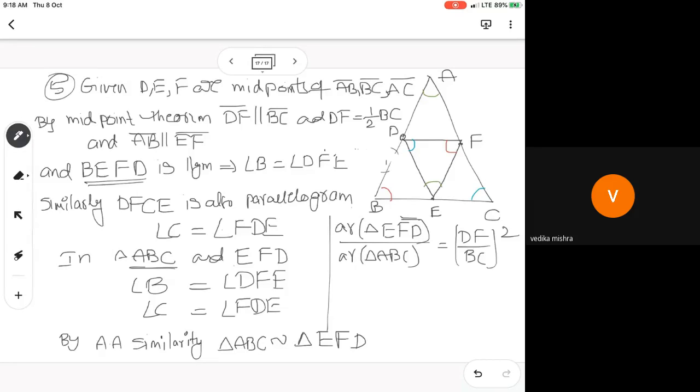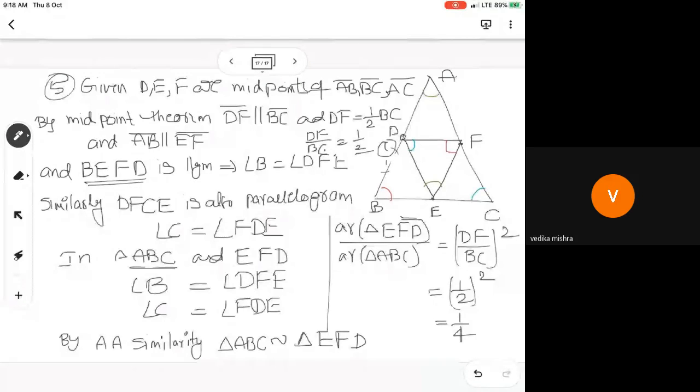So bring BC from here. So DF by BC is equal to 1/2. Consider this as equation number 1. So you can write this as 1/2 whole square, which is equal to 1/4.